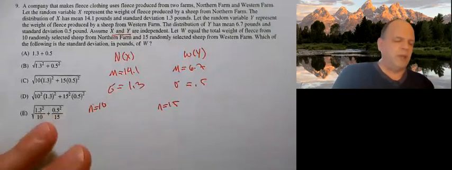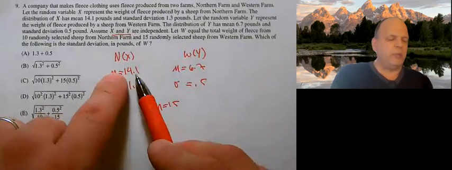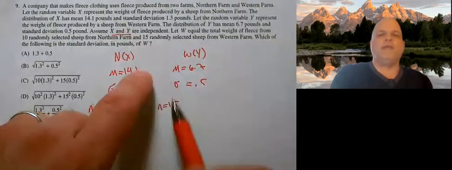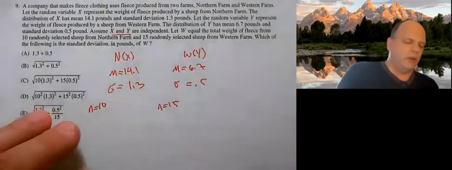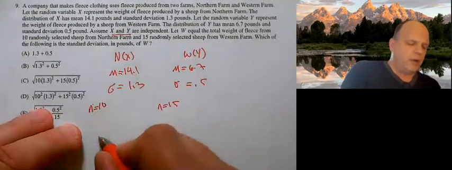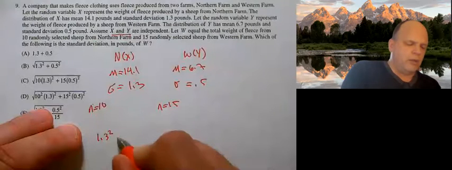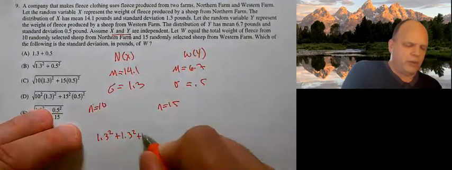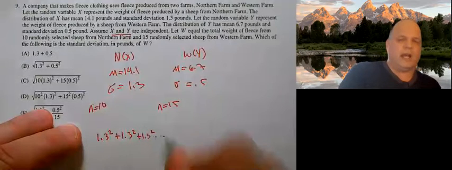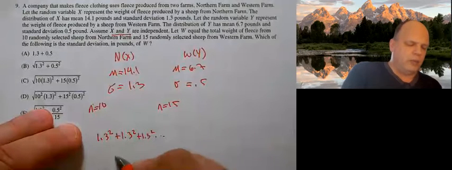Well, if it were just the means, I could go 10 times 14.1 plus 15 times 6.7, and that would be easy. But because it's standard deviations, I'm going to go 1.3 squared plus 1.3 squared plus 1.3 squared. I'm actually going to have to do that 10 times, so that's 10 times 1.3 squared.